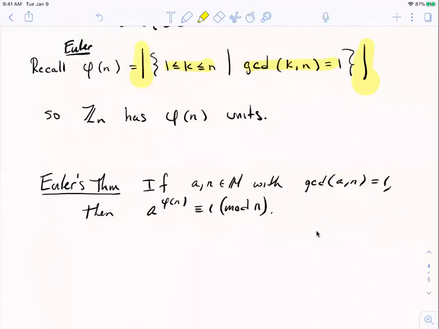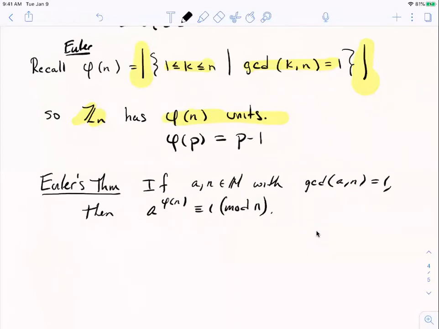And what we just proved above is that the ring Zn has phi of n units, right? Because there are phi of n values of k that are relatively prime to n. Each one of those values would be a unit if and only if it is relatively prime to n. Notice that if p is prime, how many numbers between 1 and p are relatively prime to p? All but one of them, yeah?